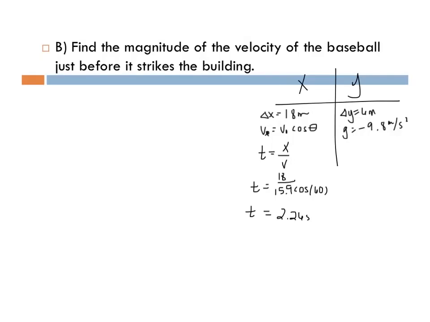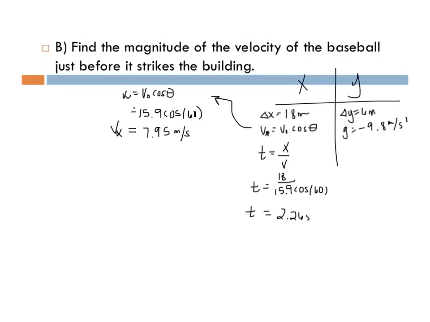And then while we're here, we can solve for our velocity in the x direction, which is velocity x is v naught cosine of theta. V naught is 15.9 cosine of 60. We should get a velocity in the x direction to be 7.95 meters per second.